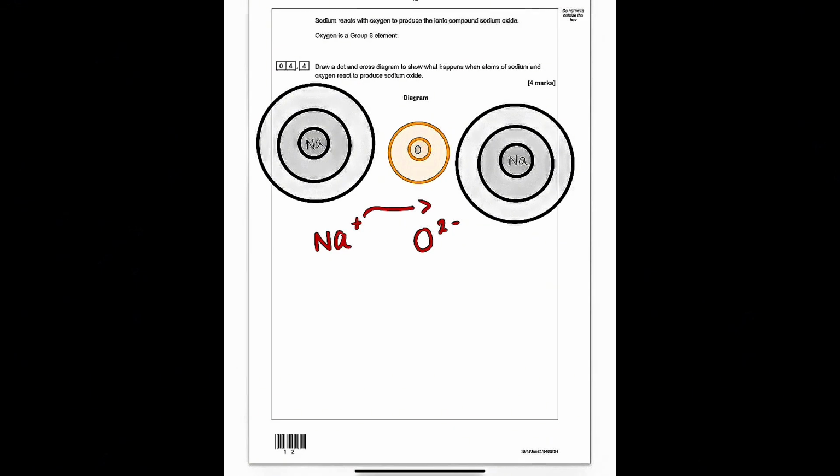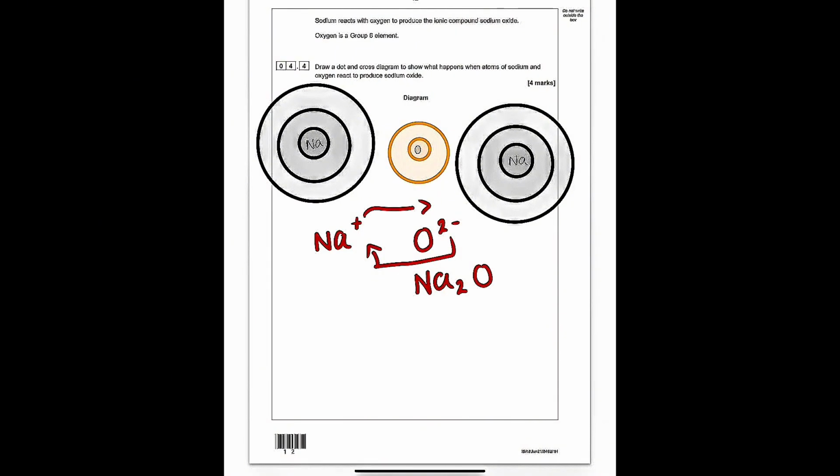This is going to go over here, and the 2 minus is going to go over there. Now, when you're writing out the formula, you don't have to include the charges. So it's simply going to be Na2O. So that 2 from oxygen went to sodium, and that 1 from sodium went to oxygen. And that is your formula for sodium oxide. And that is the easiest way that you could do it.